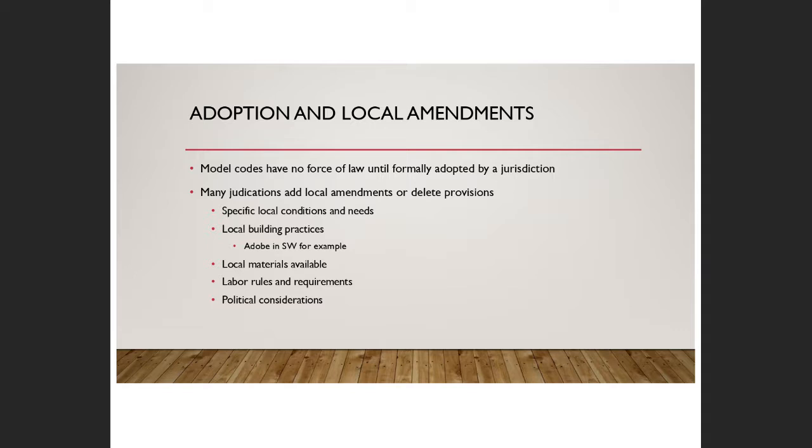Certainly, as I talked about before, they'll have things related to historic zones. So again, a town or a city will adopt that model code, and they might put some amendments there.